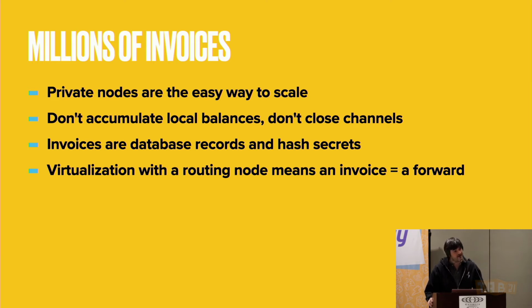So if I were to get more complicated about how to scale LND invoicing, I would go back to what an invoice even means. An invoice is two things. One is a secret, the pre-image of a Lightning payment.